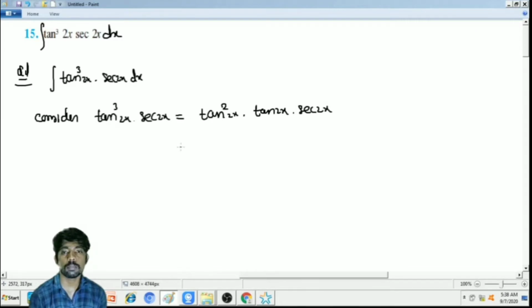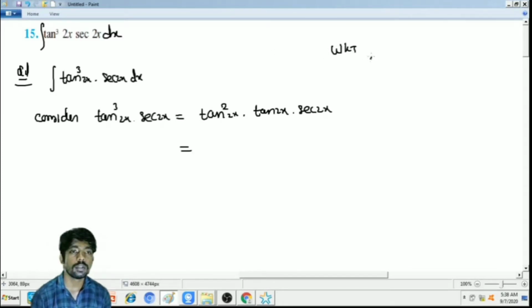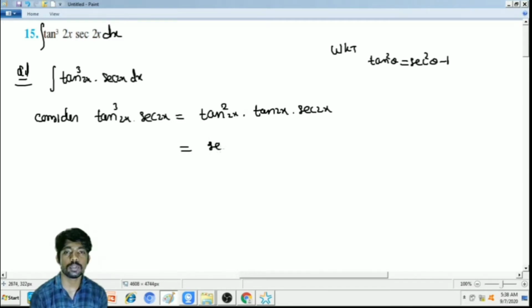We know that tan square theta is equal to secant square theta minus 1. So we substitute that formula: (secant square 2x minus 1) into tan 2x into secant 2x.